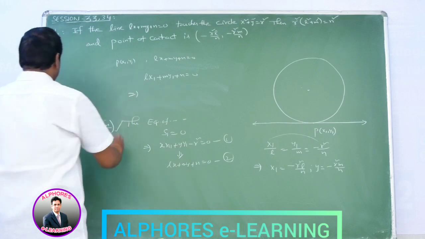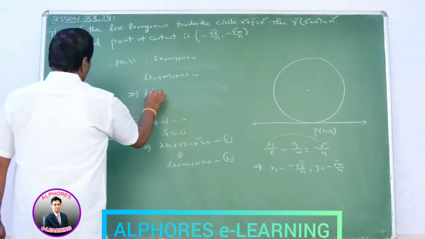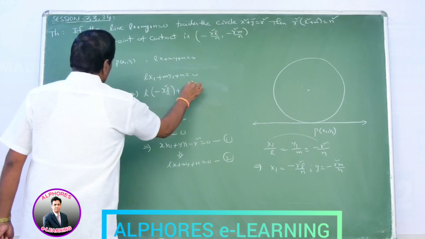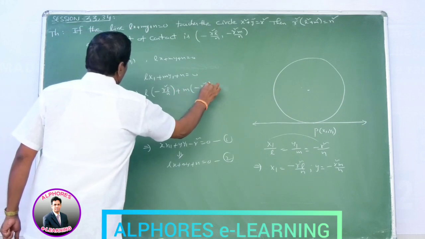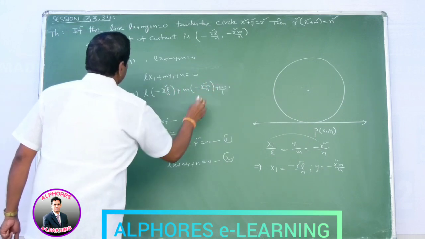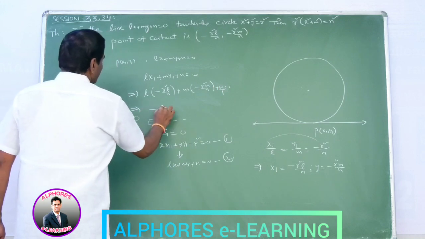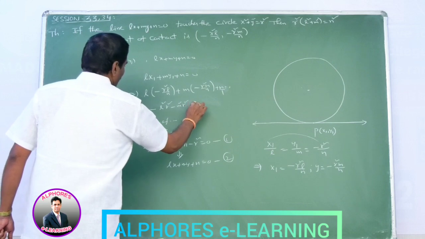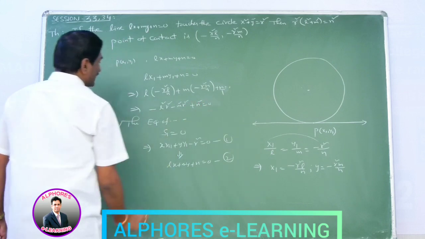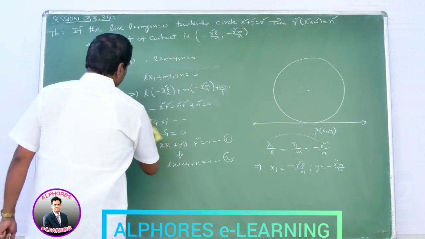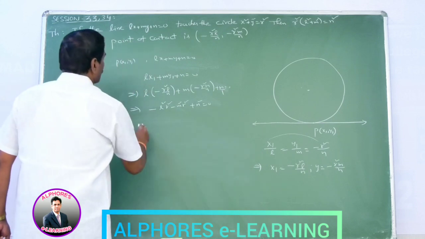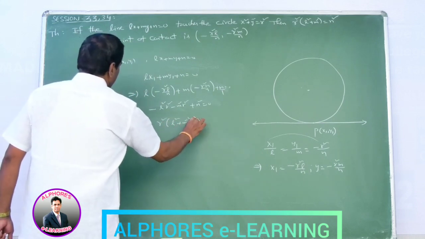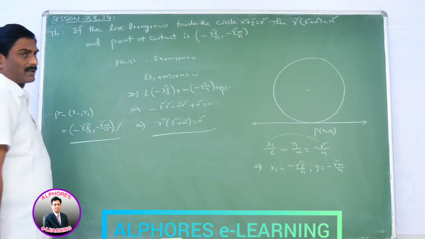That means L(-r²L/N) + M(-r²M/N) + N = 0. Here LCM is N. -L²r² - M²r² + N² = 0 after LCM. That implies L²r² + M²r² = N². r² is the common term. r²(L² + M²) = N². It is the required proof.